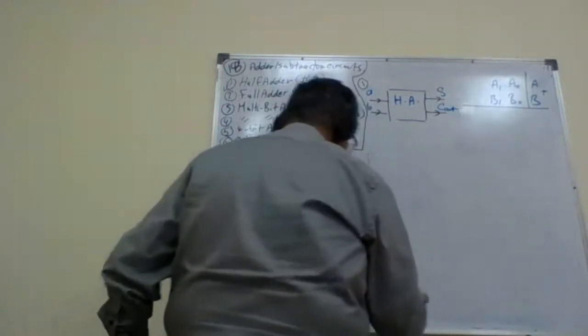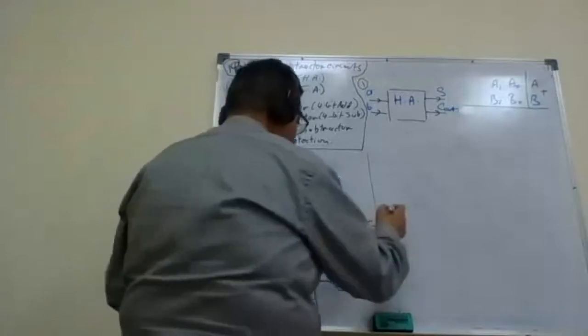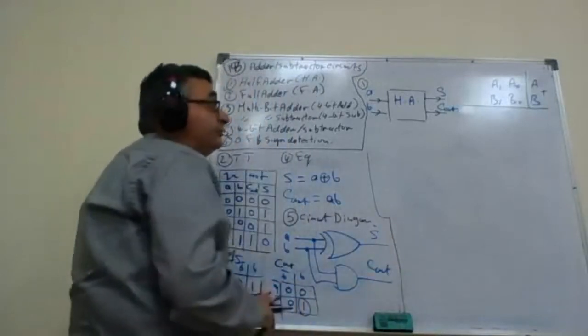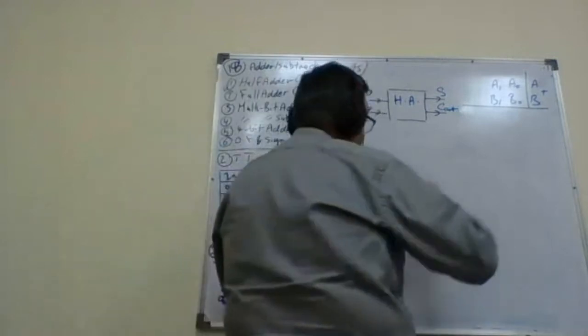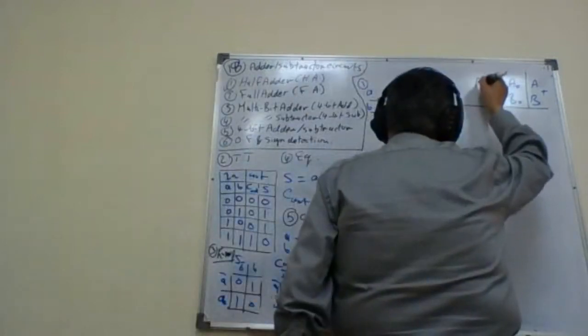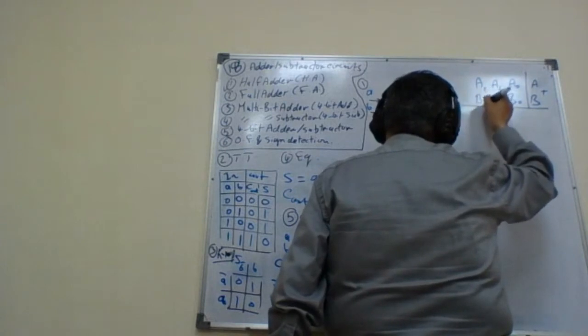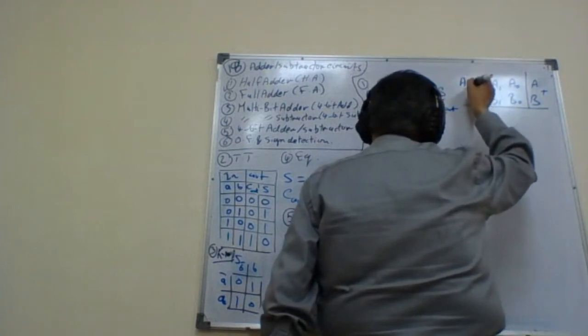And what if I'm adding, let's make this even more complicated. Let's make it harder, tougher. What if I have A and B, each of them is actually 4 bits?